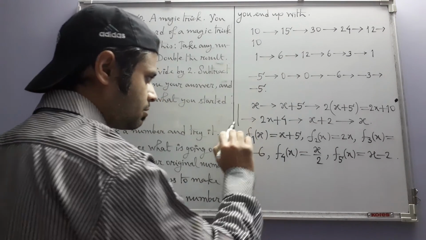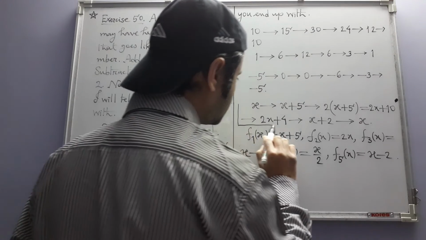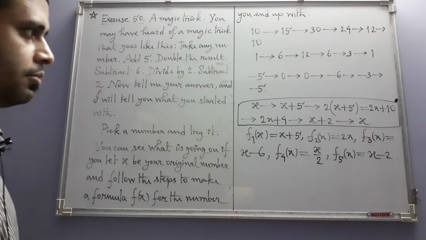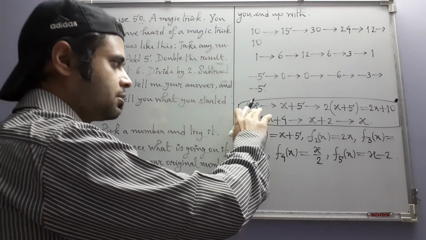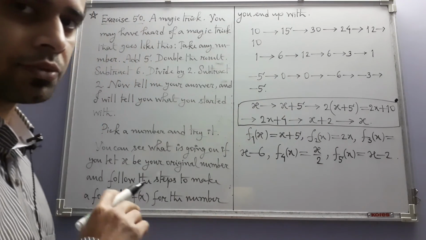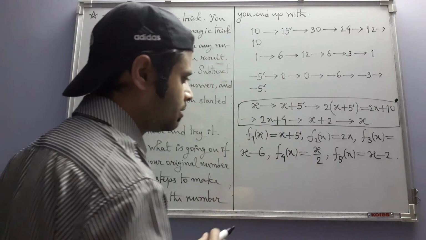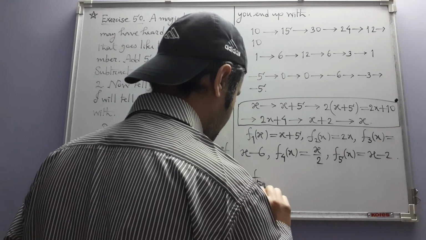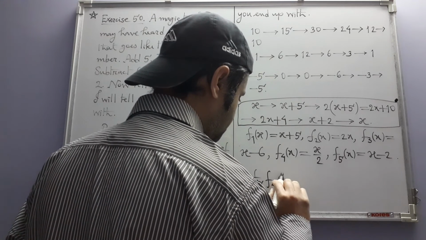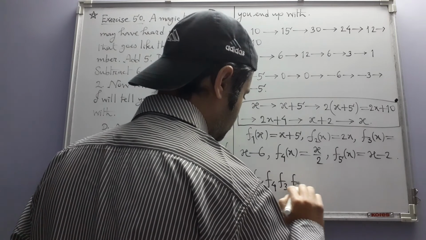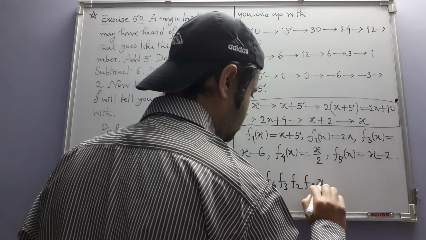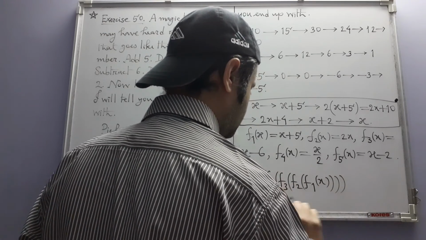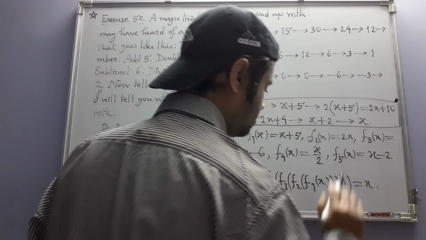And this sequence of steps that we see here can be expressed. This fact that we start from x and get x back after performing these steps in this order can be expressed by this equation: f5, f4, f3, f2, f1 of x is equal to x.